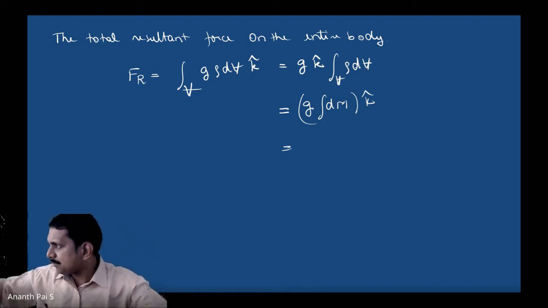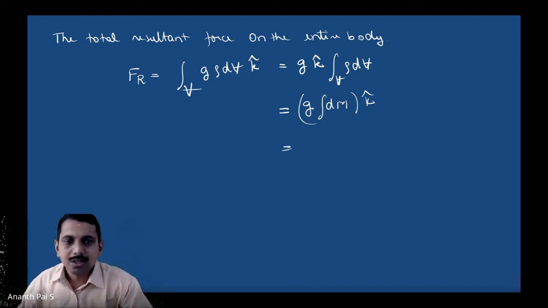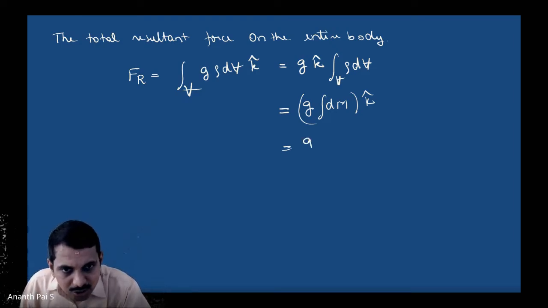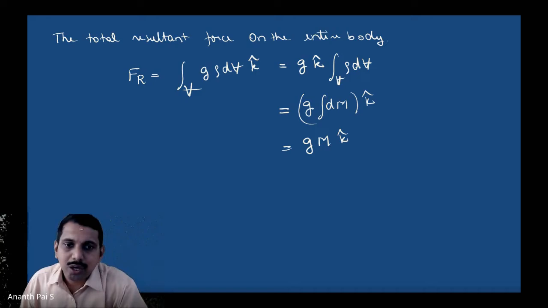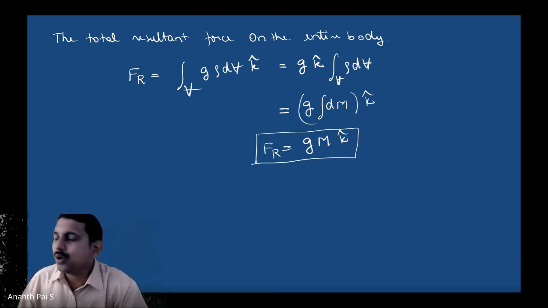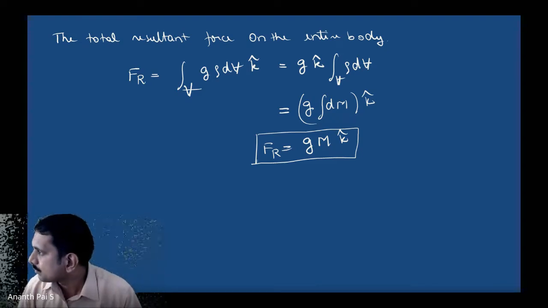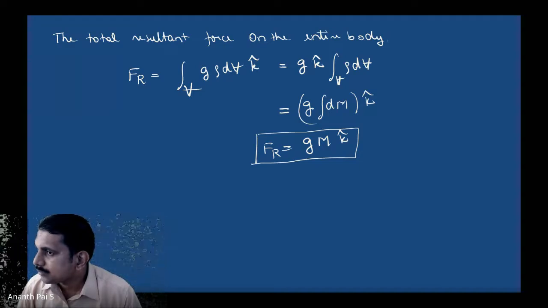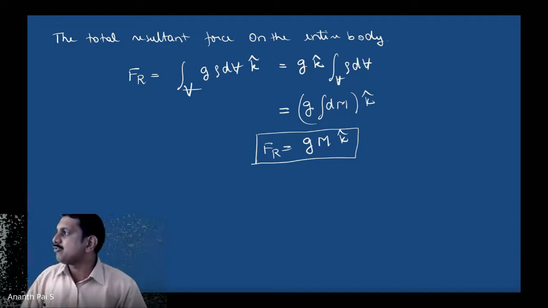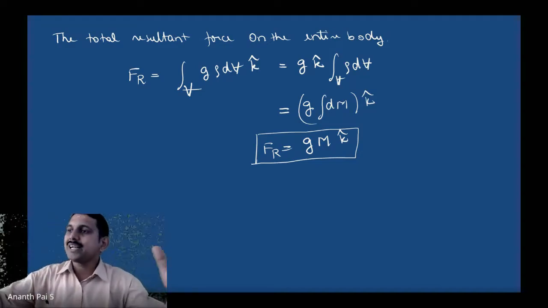Mass is the entire mass coming together, correct? So now this can be written as G into the entire mass into K. So Fr is equal to M into G, or G into M, in the direction of K. So now we have the resultant force acting over the entire body.